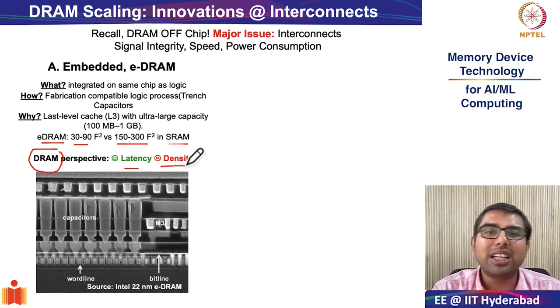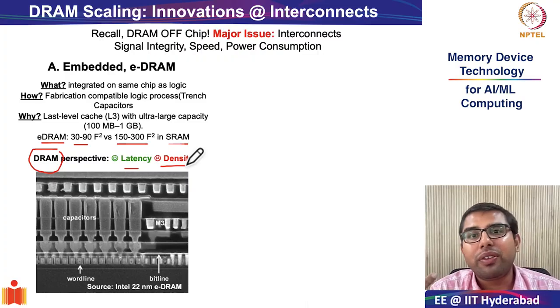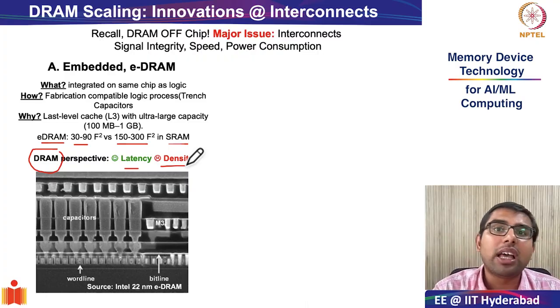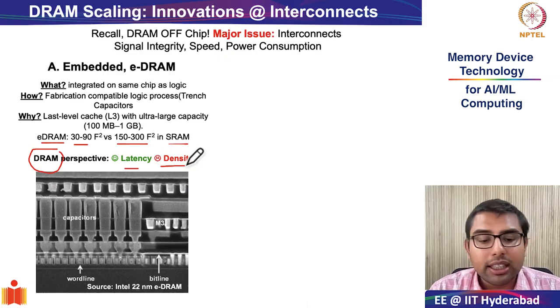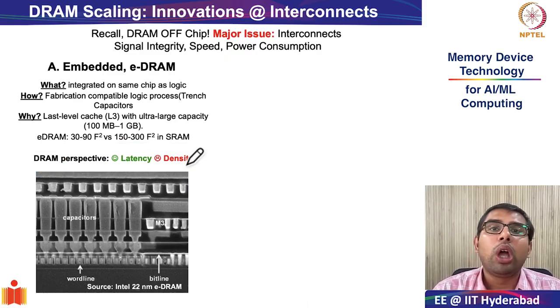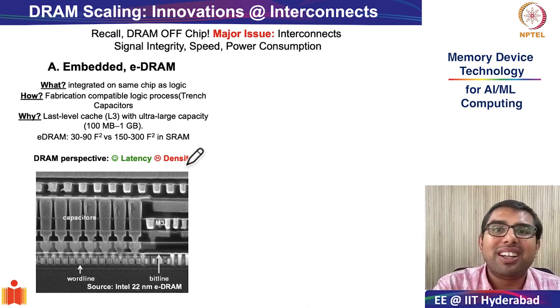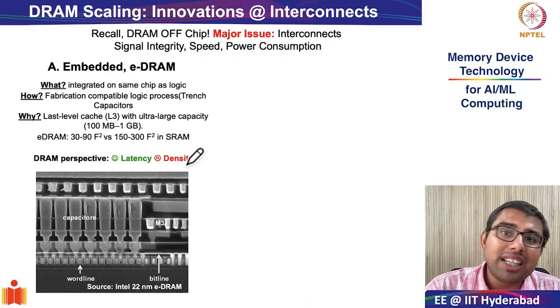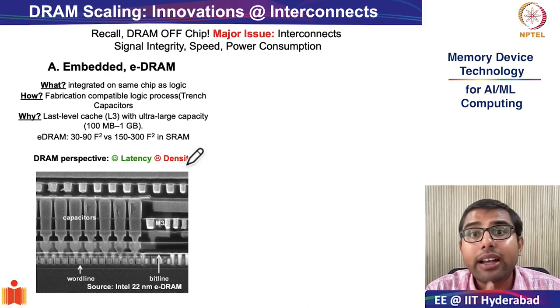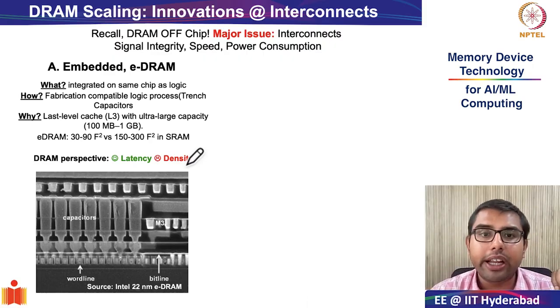So EDRAM is a compromise, a very intelligent compromise that device technologists have started to make. This is one way of integrating DRAM technology within the same logic nodes so that the interconnect delay is significantly reduced.